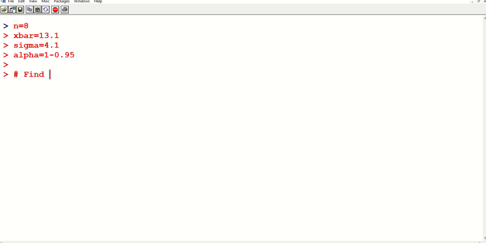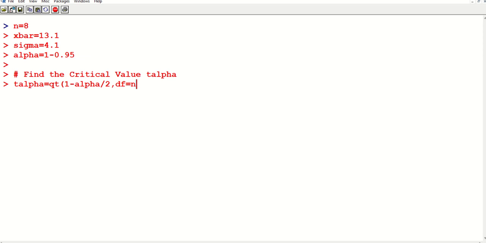Now what do we need to calculate first? First we need to find the critical value, or you can call it t alpha. It is up to you how you denote it. t alpha is equal to, in the previous one it was qnorm, here it will be qt. Bracket start, 1 minus alpha by 2, comma, degree of freedom.